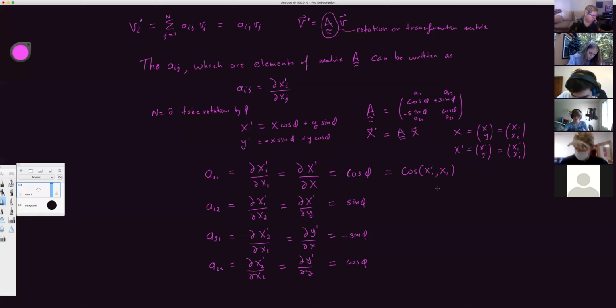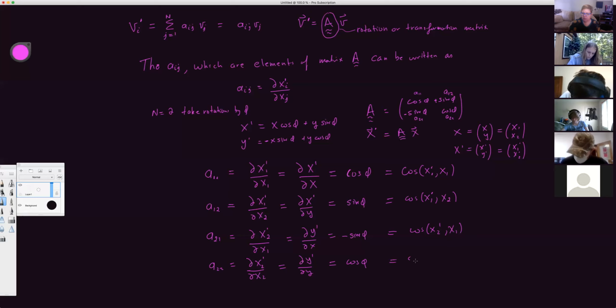Remember that? And so this is going to be the cosine between x1 prime and x2. We went through all this before, right? And this is going to be the cosine between x2 prime and x1.